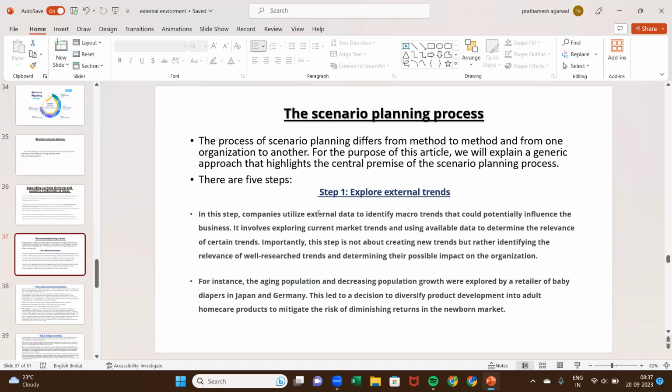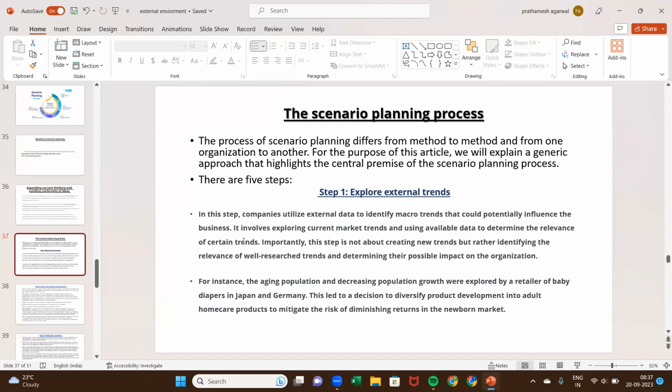In this step, the companies utilize external data to identify macro trends that would potentially influence the business. It involves exploring current market trends and using available data to determine the relevance of certain trends.